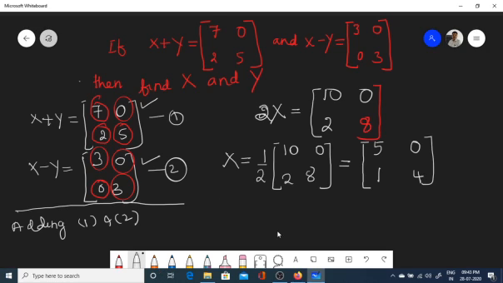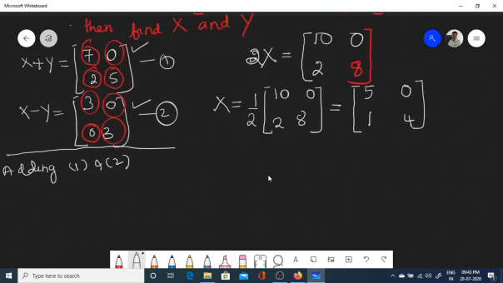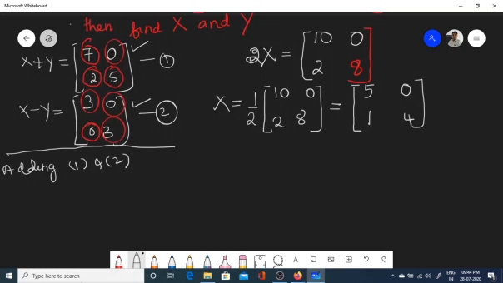Now to find out X, Y, just substituting X equals 5 0 1 4 into equation 1.